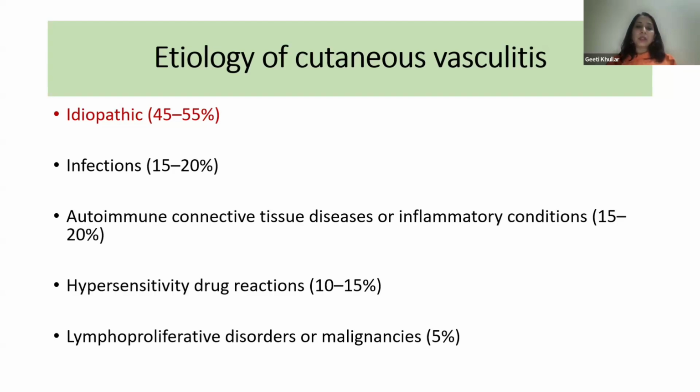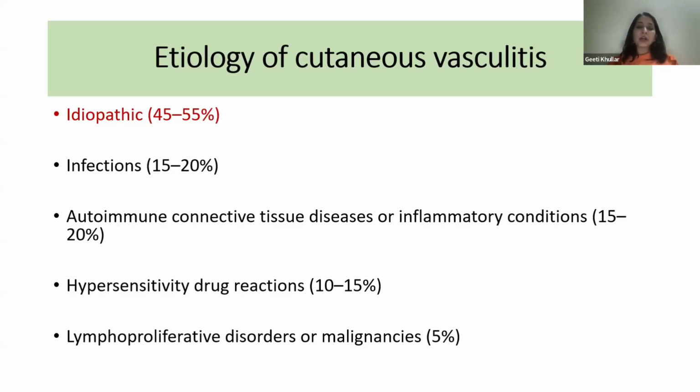The other causes that we come across, which are less often seen but may be associated, like we mentioned, are the CTDs or connective tissue diseases, other inflammatory conditions, rheumatoid arthritis, etc., drug reactions in about 10% of cases, and malignancies or lymphoproliferative disorders.